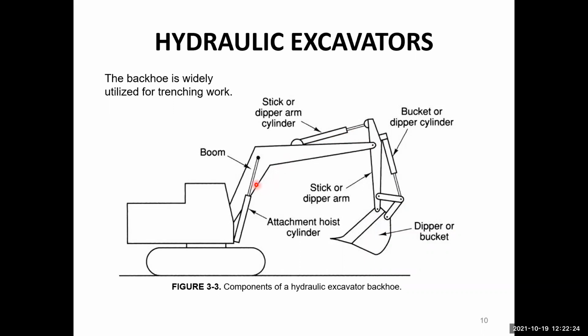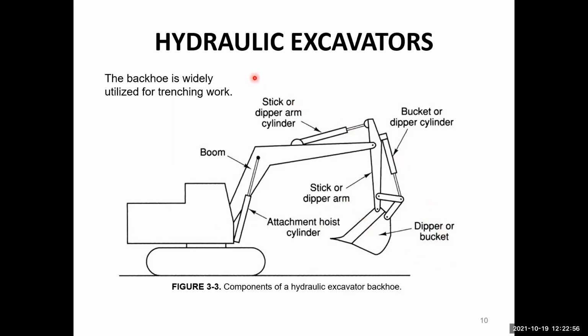If the boom has to be raised up or down, then the attachment hoist cylinders have to be moved. So basically, there are three types of motion which can be made by this machine. And of course, there can be a rotating motion at the mounting assembly as well. In this dipper or bucket, the material is placed when excavating.